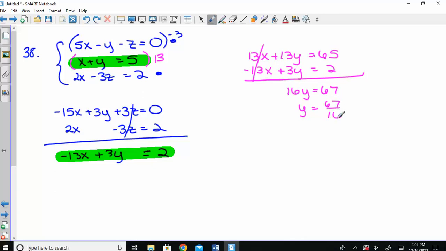So y is 67 over 16. Now we just have to start plugging that back in and get the other variables. So if I went to this one, I have x plus y, which was 67 over 16, equals 5. Subtract that over, so 80 minus 60, so we get 13 over 16.